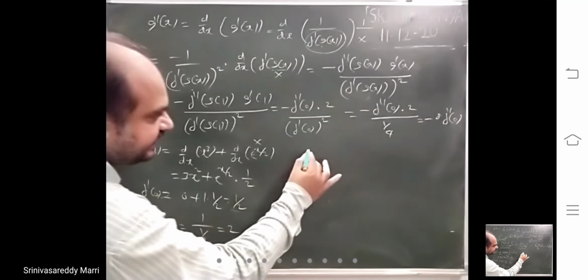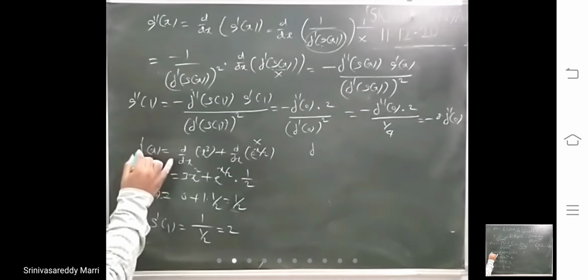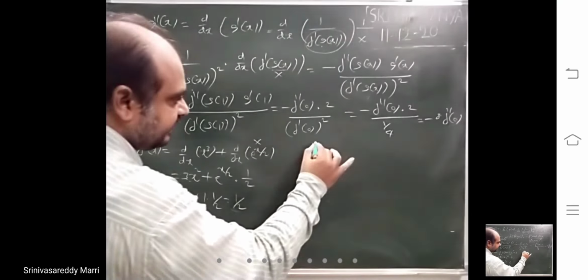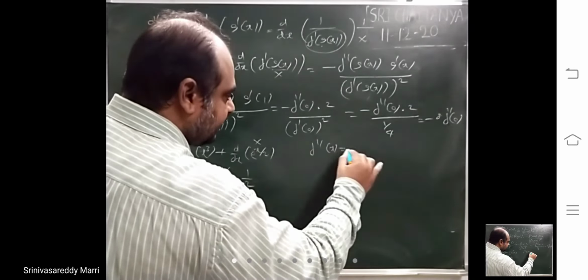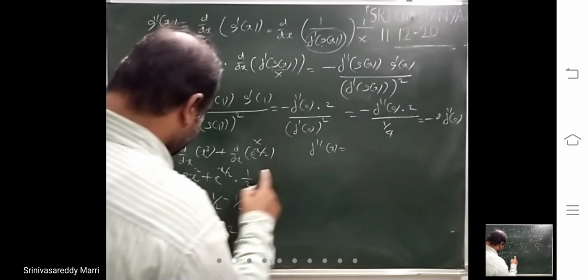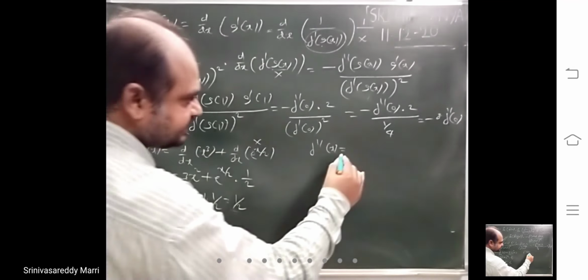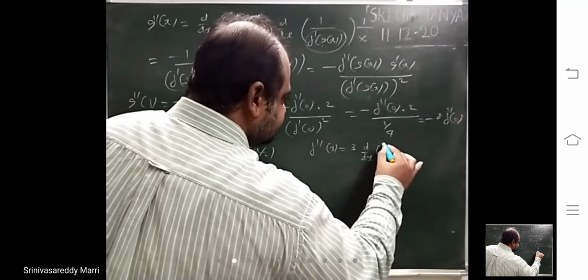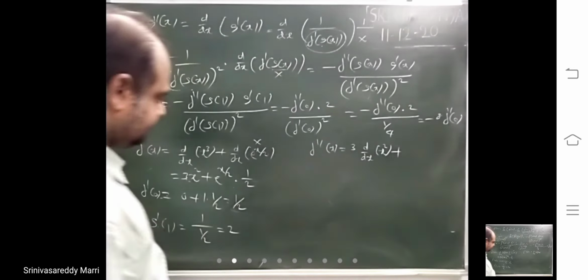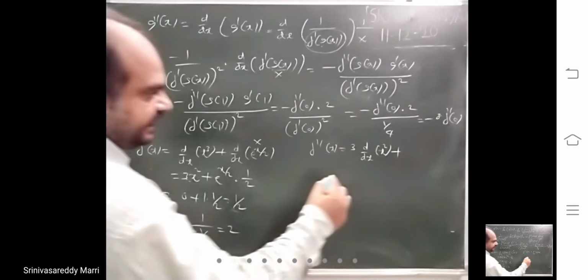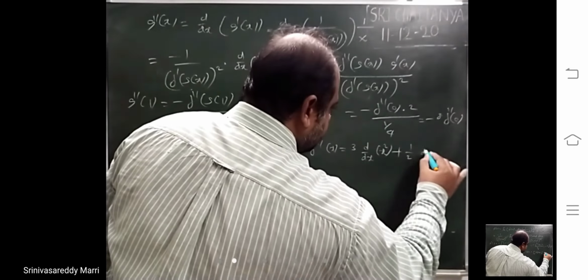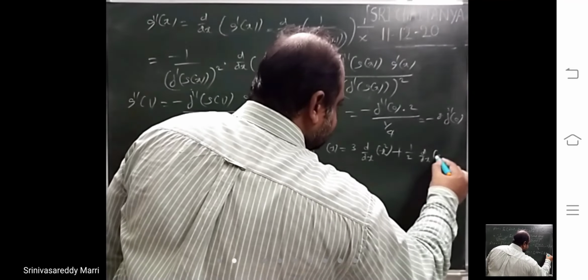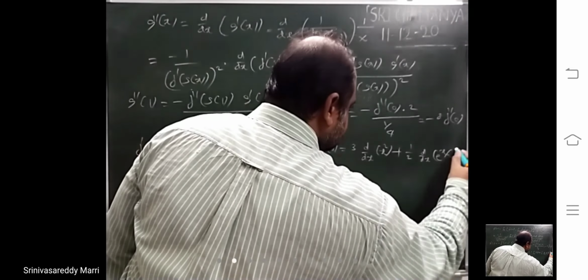f dash x, you know here. Look at f dash x, this. f double dash x I will calculate. d by dx of this plus d by dx of this. 3 into d by dx of x square, plus 1 by 2 into d by dx of f dash x.